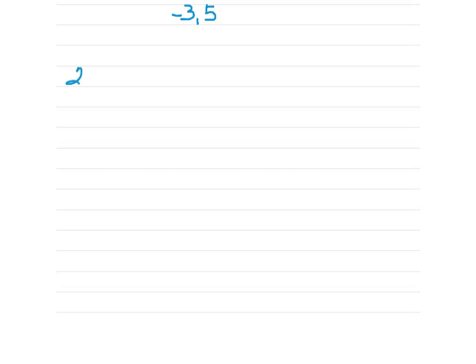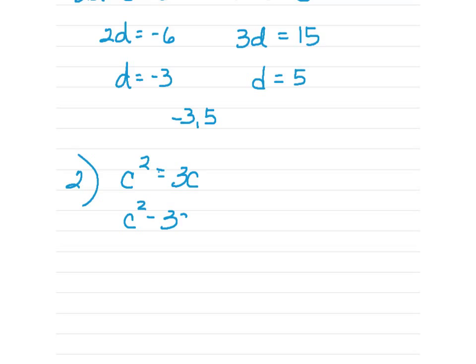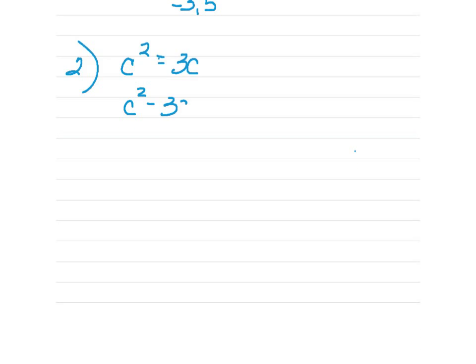Okay, number 2. c squared is equal to 3c. Well, here the equation is not equal to 0. So the first thing we need to do is make our equation equal to 0. So let's subtract 3c on both sides. We'll get c squared minus 3c is equal to 0.